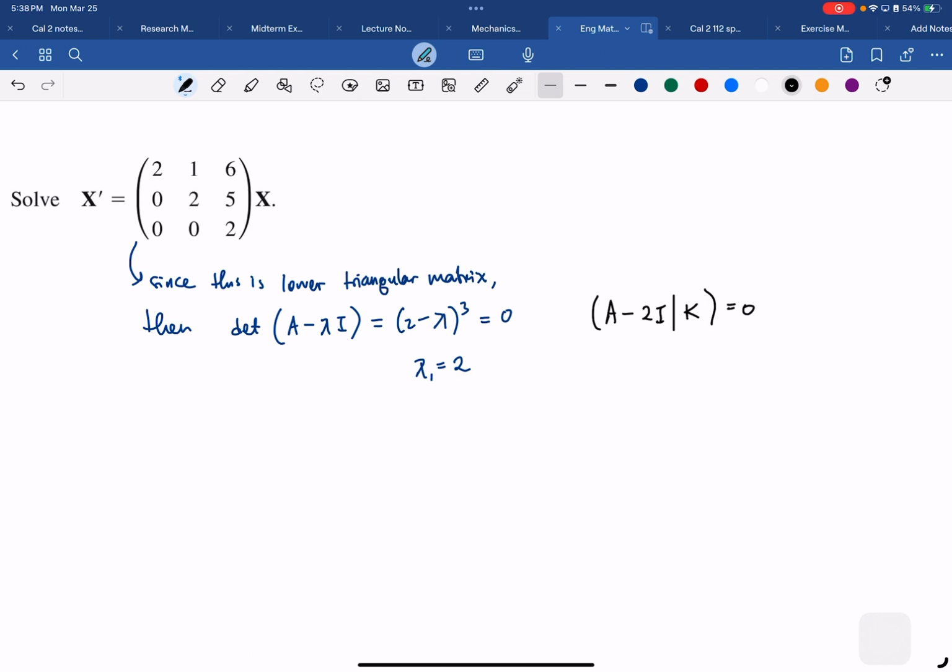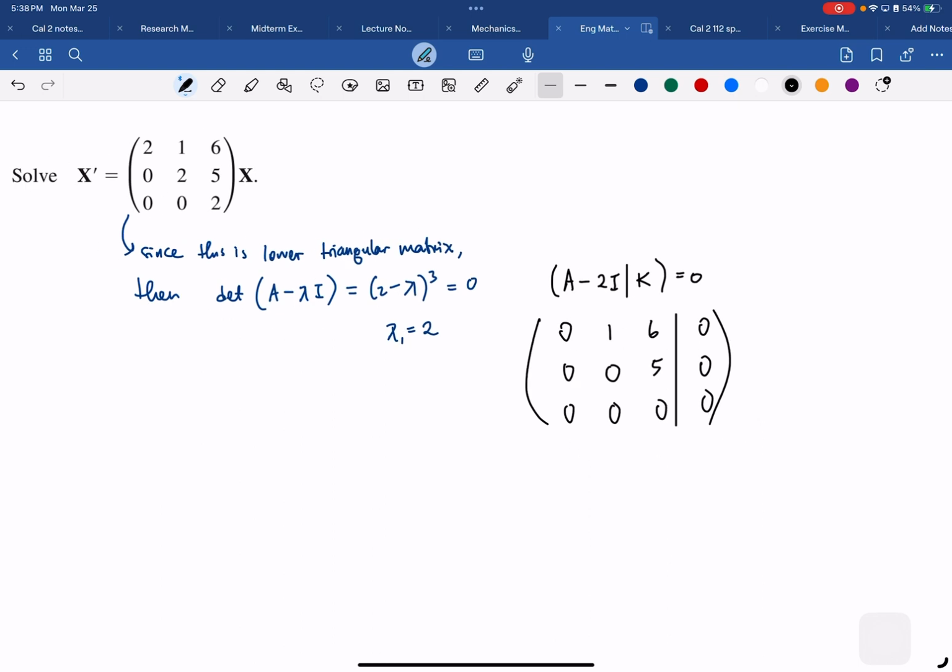So 2 minus 2 will be 0, 1, 6, 0, 0, still 5, 0, 0, 0. And I think this will be easy, right? Very easy. So we get this 0, 0, 0. And basically this is our augmented matrix.